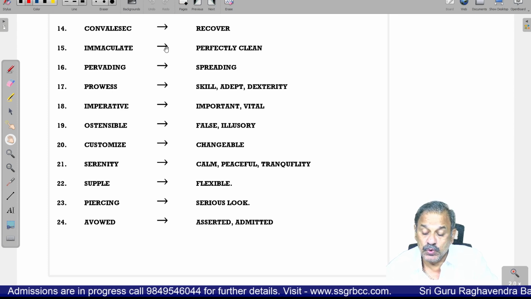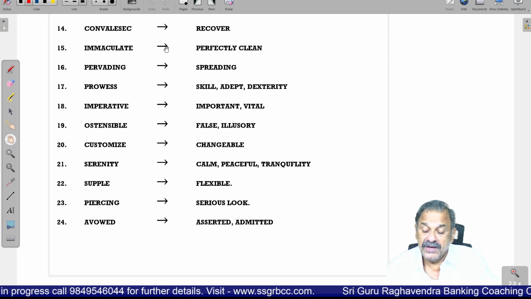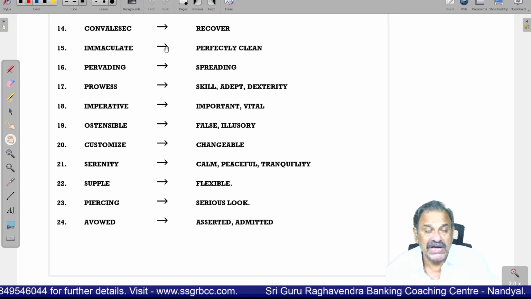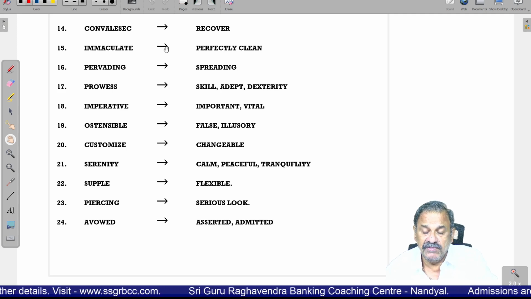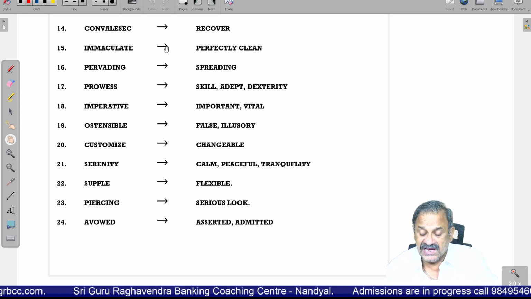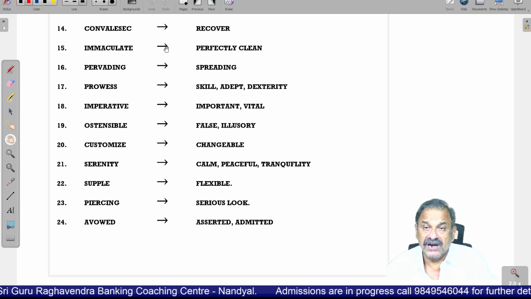Serenity means calm, peaceful, tranquility, soothe. Supple means flexible. Piercing means serious look. Avowed means asserted, admitted.